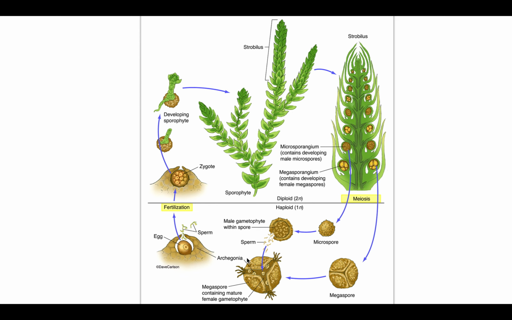They're going to find a way inside of that megaspore, fuse together, create a zygote. That zygote's going to turn into a sporophyte after a while, or embryo, then sporophyte, right? And then it's going to grow up, produce a strobilus with all of those spores again, and do this all over again in order to reproduce.